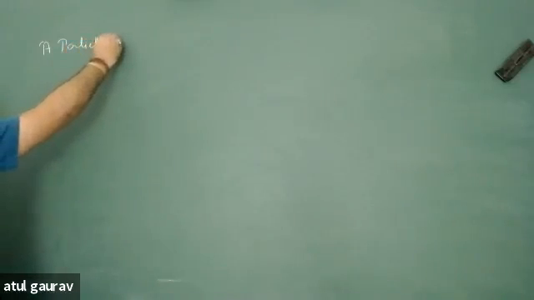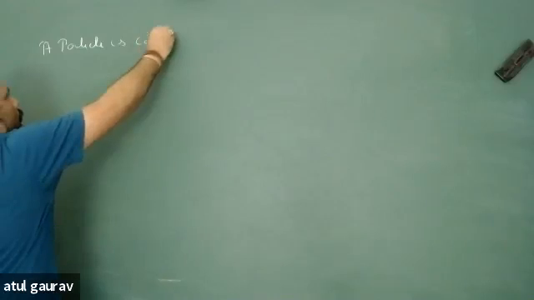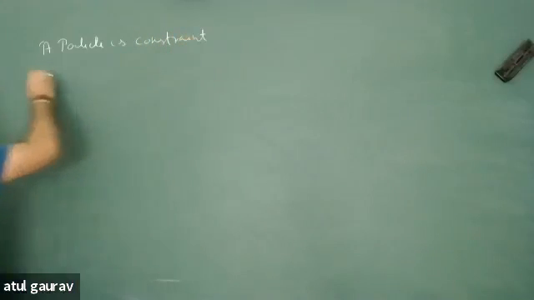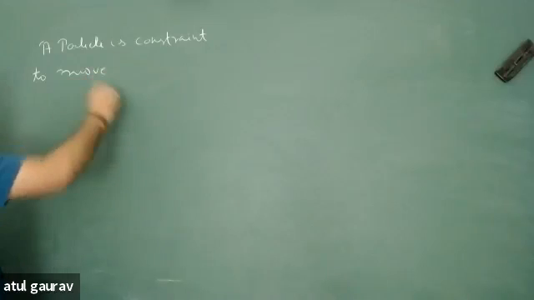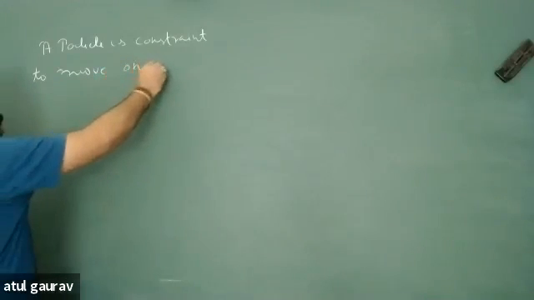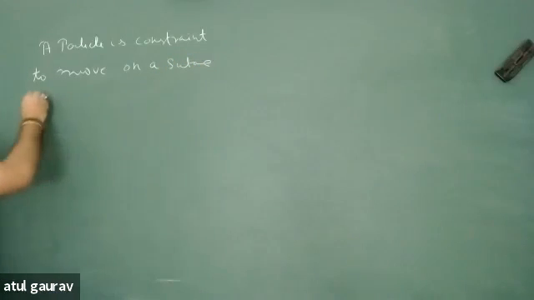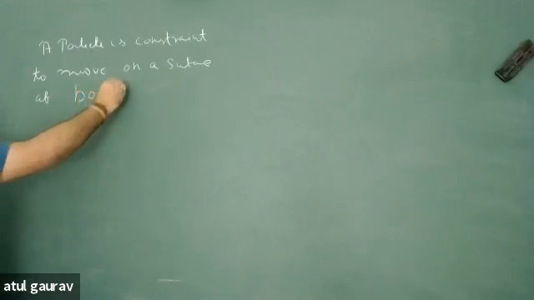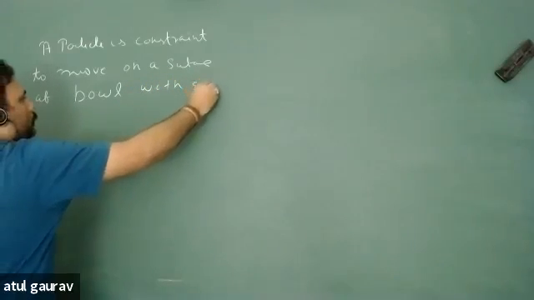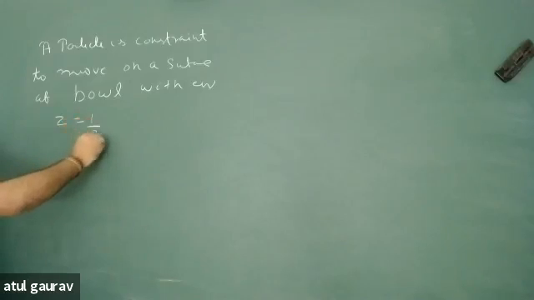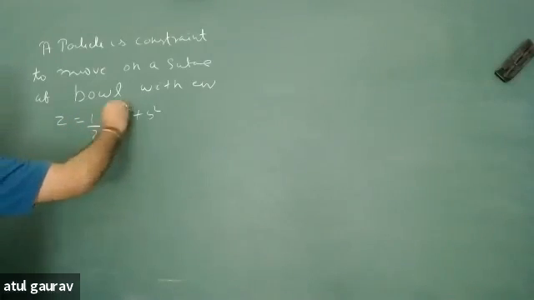Okay, so we have a particle constrained to move on a surface of a bowl with equation z is equal to half b times (x square plus y square).